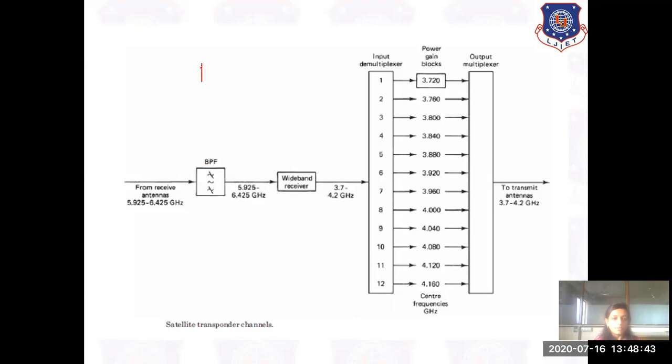If the symbol is given like this, where there is a cut in the band as well as the higher frequency, then it is called the low pass filter.